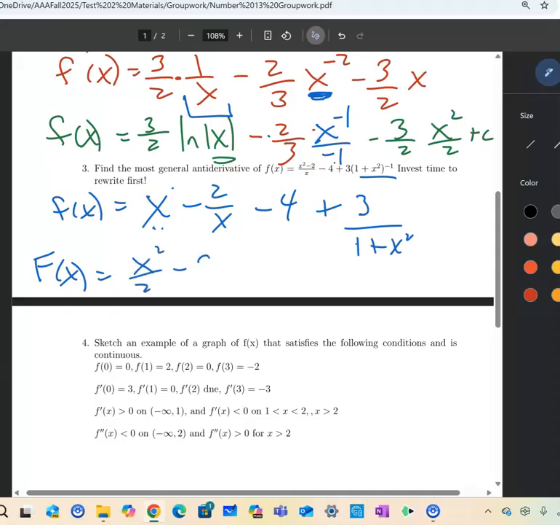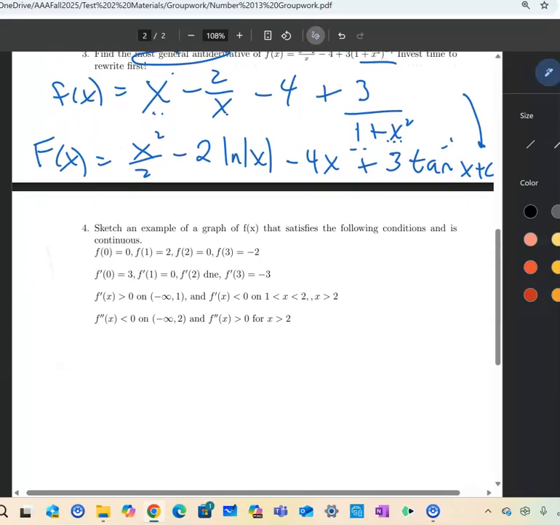This is negative 2 times the antiderivative of 1 over x, which is ln of absolute value of x. The antiderivative of 4 is 4x. And then I carry along the 3, and I recognize this as arctangent of x plus c. So that's the most general antiderivative, which means you always have to put the plus c down.